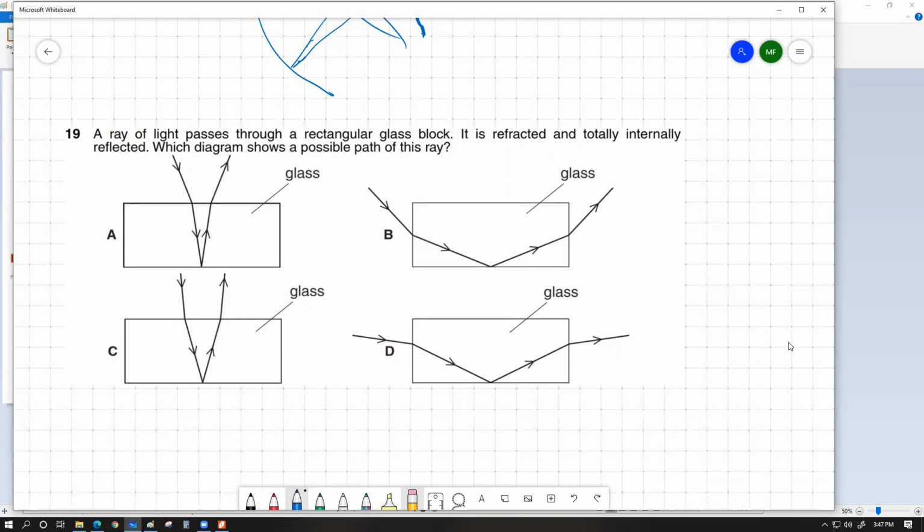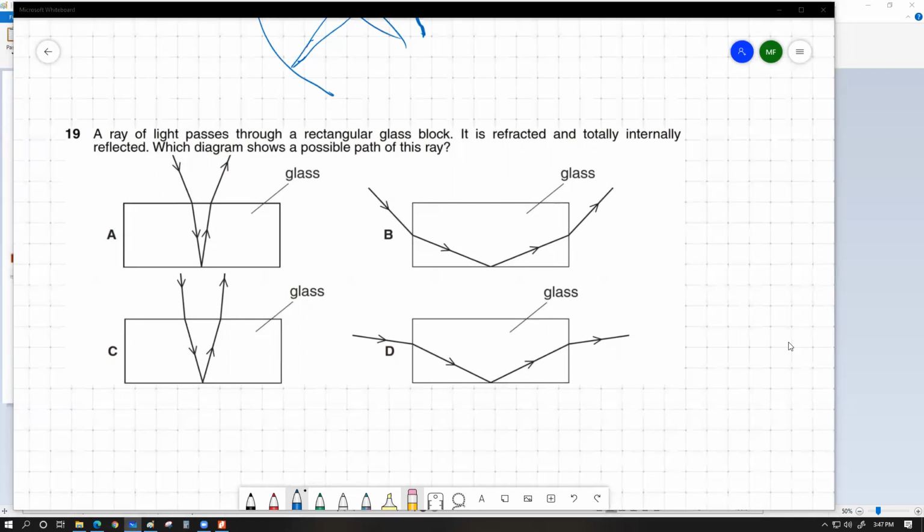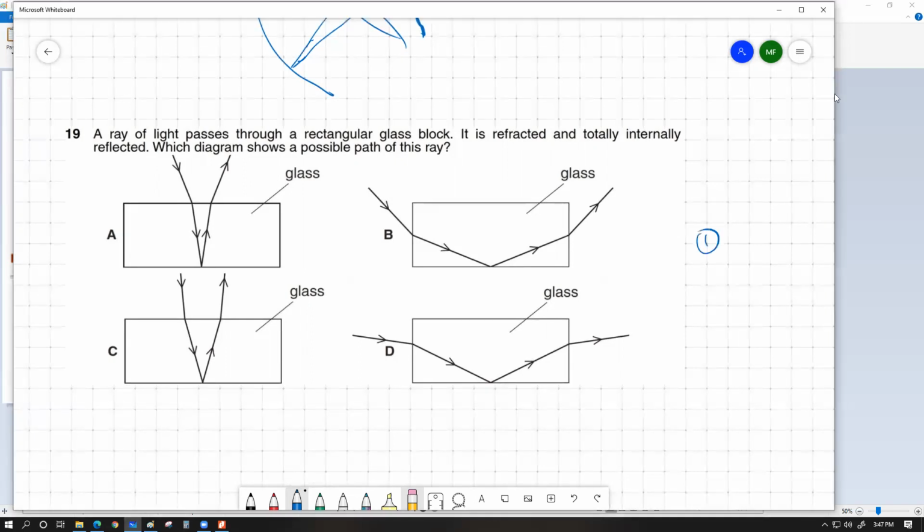Now, whenever we have this kind of figures, there are multiple things we need to judge. First of all, number one, are the I and R logical? I'm using the term logical because you have to consider where the light is going.